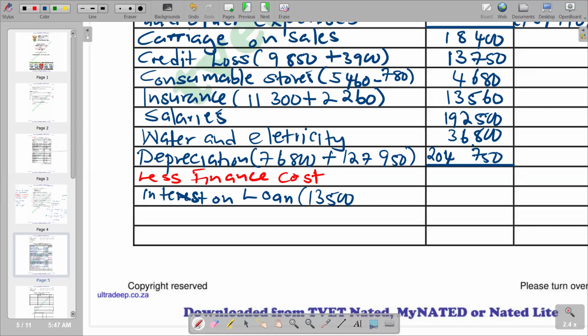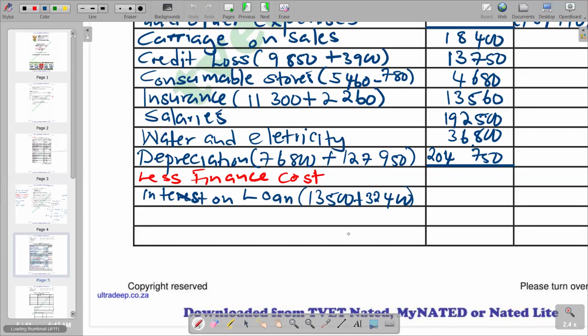So this is the figure for interest on loan, and that is supposed to be also the total for our finance costs, so it is supposed to come in line with our finance costs.